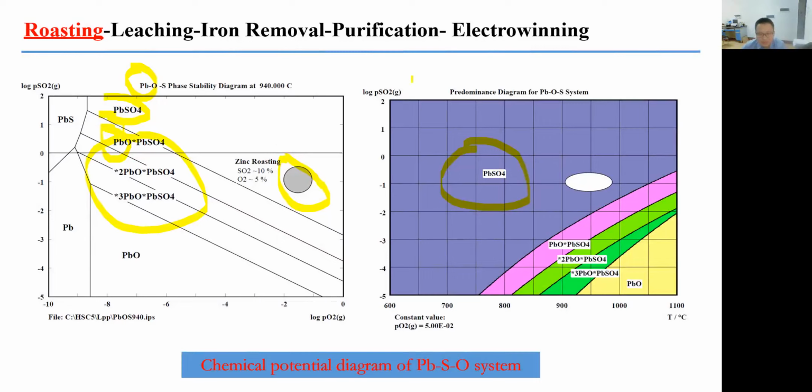So we have zinc as oxide, copper as oxide, and lead as sulfate. So if you recall the flow sheet of zinc production, we usually produce a side stream of lead silver residue. So it's a leaching residue of the calcine, and the lead mainly stays in the form of lead sulfate.